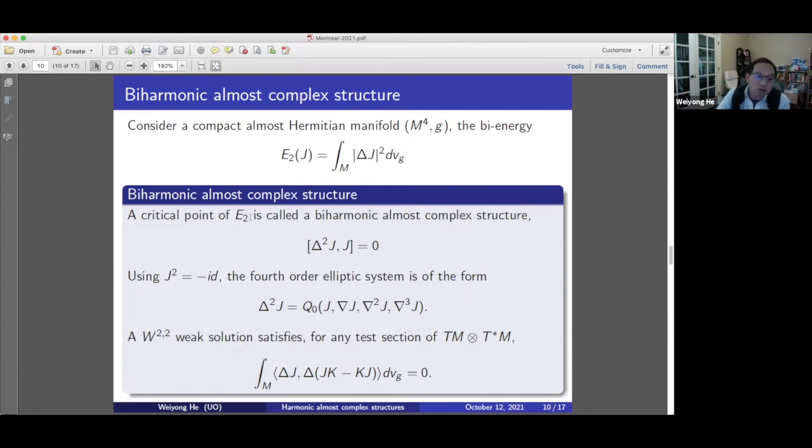So we will talk about the critical point of this energy functional in 4 dimension, and that's just double Laplacian J is commutative with J. And using this J squared equal negative identity, one can apply that to get a 4th order elliptic system with this right-hand side Q0. But this Q0 is quite involved, very long, because of the double Laplacian operator.